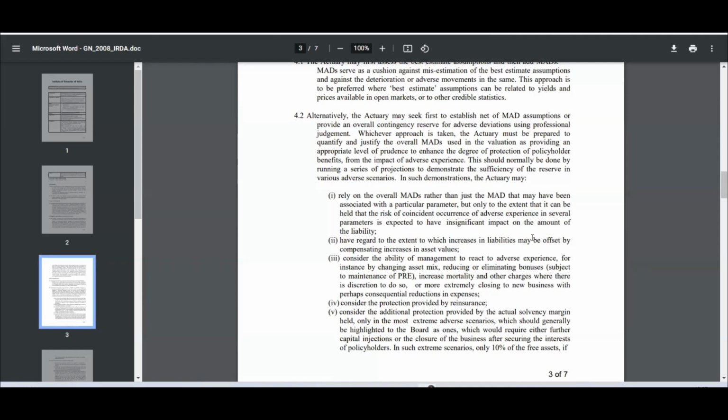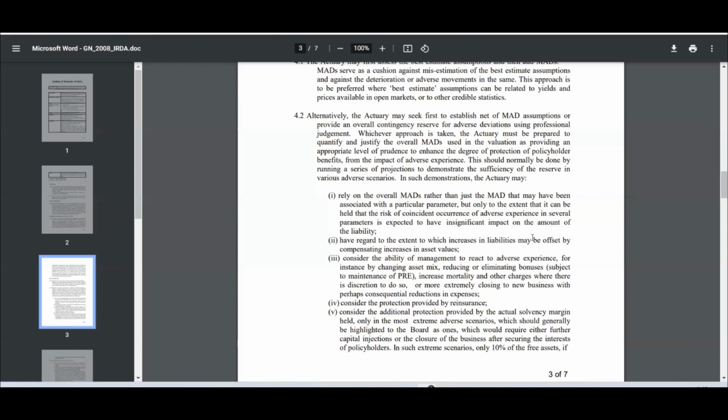Now, the actuary also has to consider the management action that is available. Management action means changing the asset mix, or where there is any discretion involved, like reducing or eliminating the bonuses, changing the charges, mortality charges, if there is discretion to do so. That would also need to be allowed for, along with the protection provided by the reinsurance. And only in the most adverse situation, where the shareholder needs to pump in money, or there is closure of new business, right?